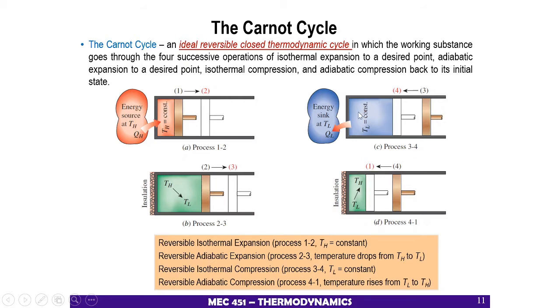And lastly, we have expansion. Okay, so this is what we call an isothermal expansion, whereby your temperature will be constant. So this is a Carnot cycle, whereby we have 1-2 isothermal, 2-3 adiabatic, 3-4 isothermal compression, and lastly adiabatic compression.